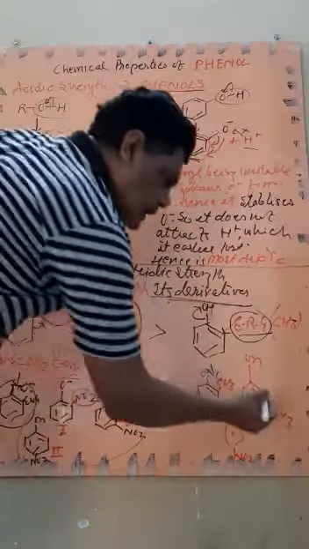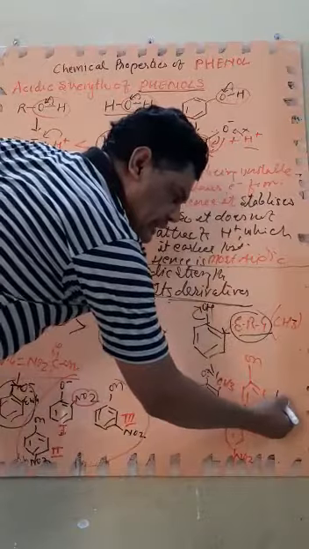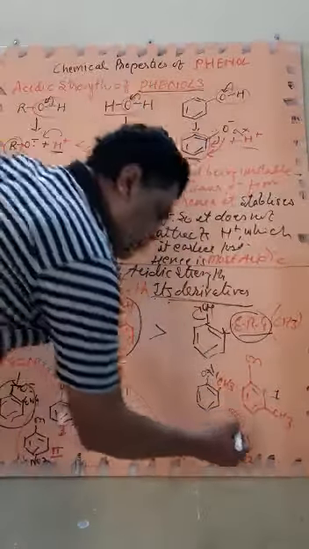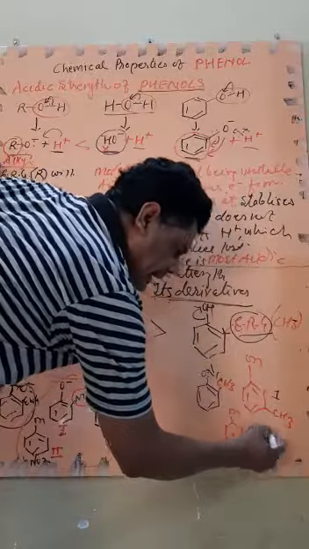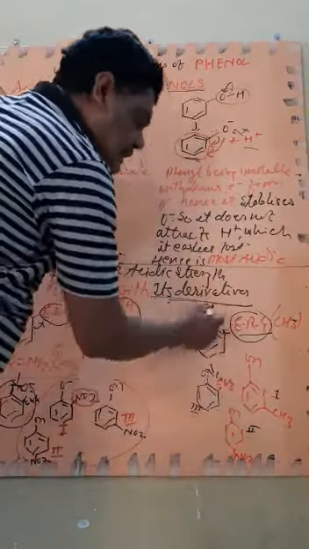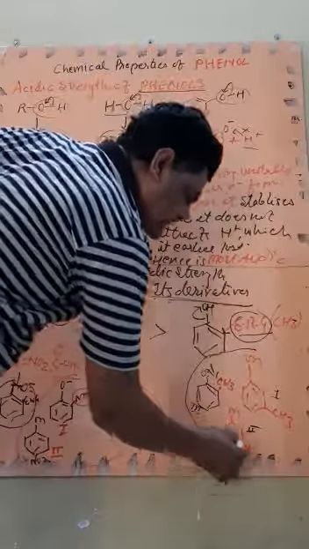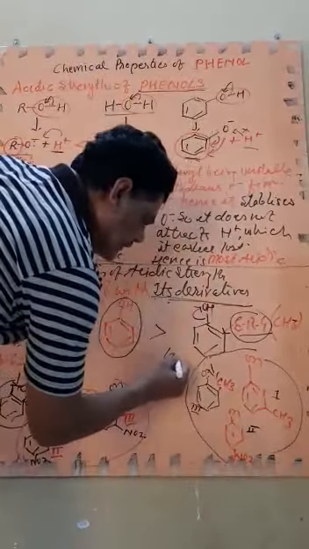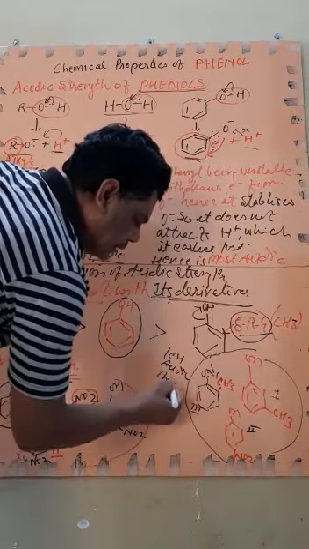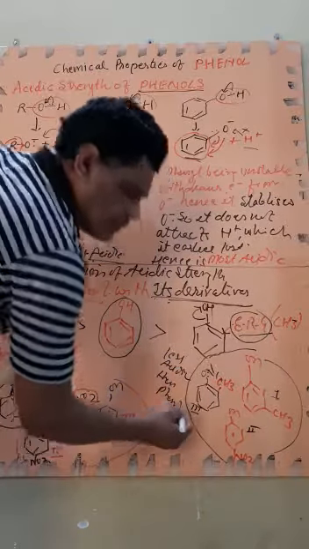So student, the meta position will be most acidic, that is the first one. After that para position, and then ortho position. But all these are less acidic as compared to phenol. So these 3 are less acidic than phenol. Yes.